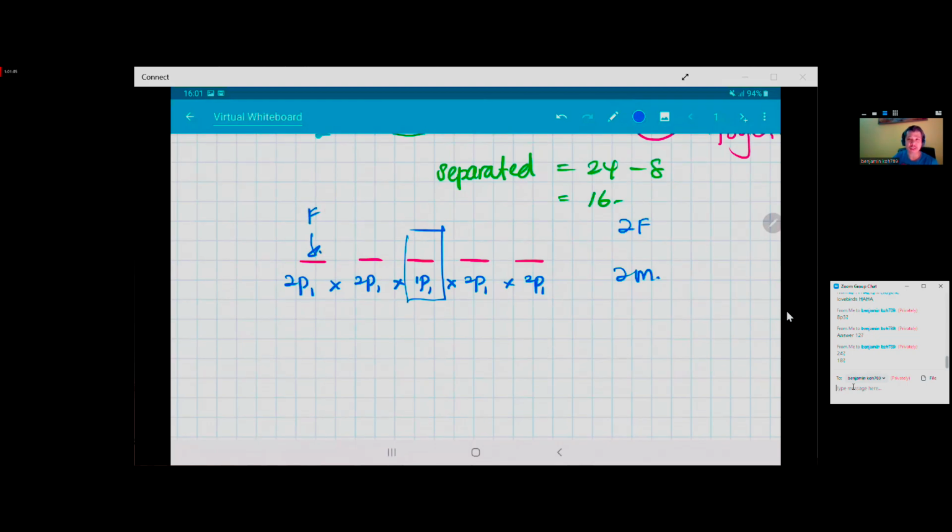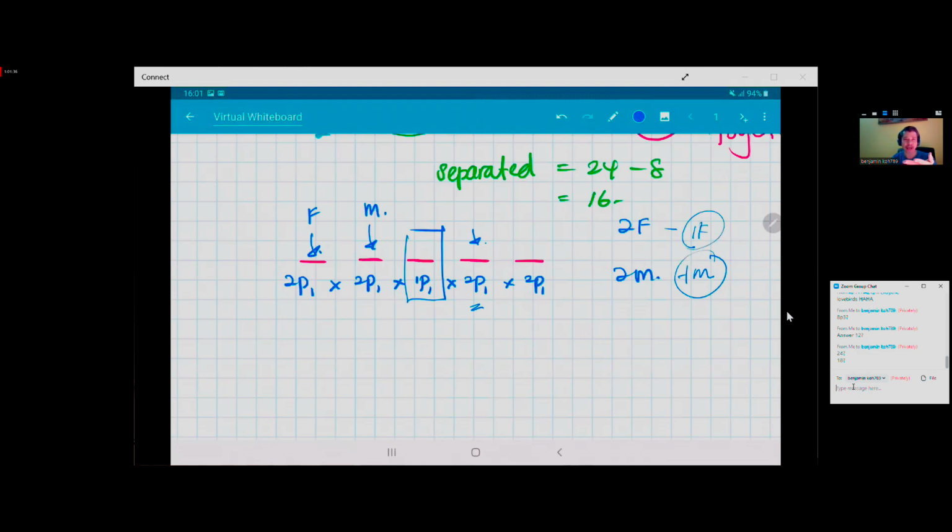Of course, if the females must be separated, that means 2p1 is 2 females, put 1 there. And after that, this 2p1 is put another male here. So 2 males, put 1 there. So balance now got 1 female and 1 male, right? So this 2p1 meaning 1 female, 1 male, total 2 people. Put 1 there, put 1 here. So balance 1 more, of course, got to be at the end, no problem.